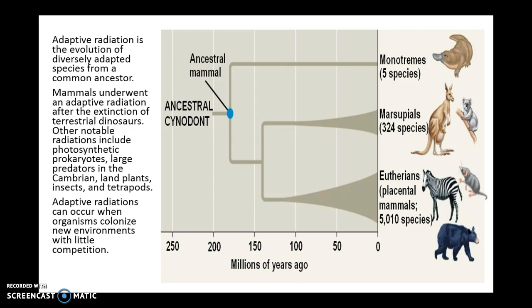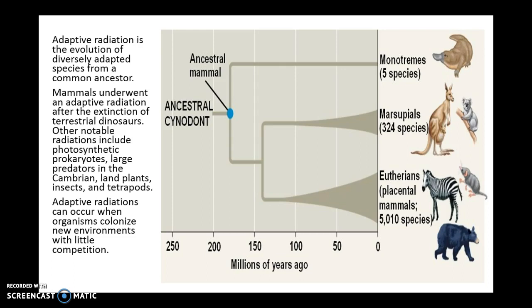Mammals underwent this adaptive radiation after the extinction of the dinosaurs, as I said. Other radiations include photosynthesis, large predators, land plants, insects, and pteropods. In different eons where you had mass extinction, it allowed the rise of these other species.